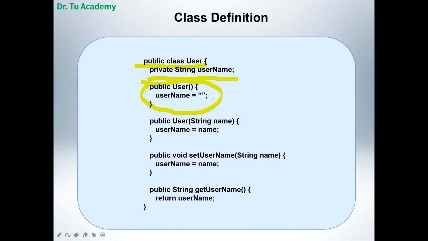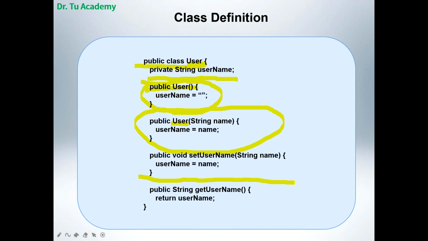It's very similar to the regular method, right? And this is also a class constructor. The class constructors look very similar to regular methods, but the method name must be the same as the class name.